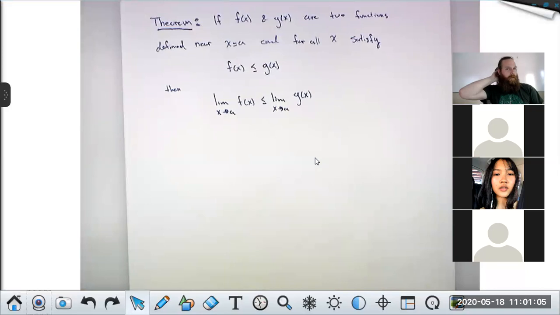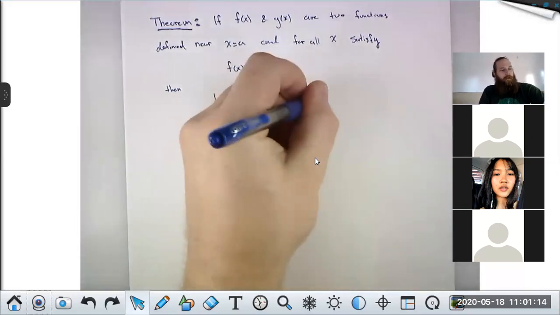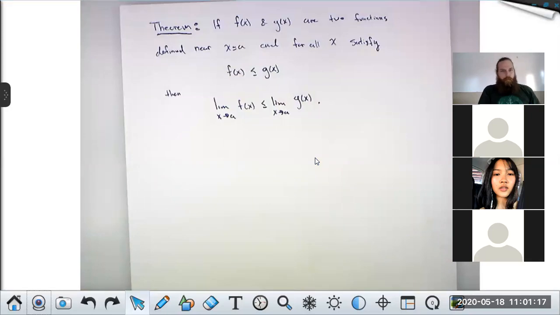So in simple terms here, limits respect inequalities. If f is smaller than g, then the limit of f is smaller than the limit of g. That's all.